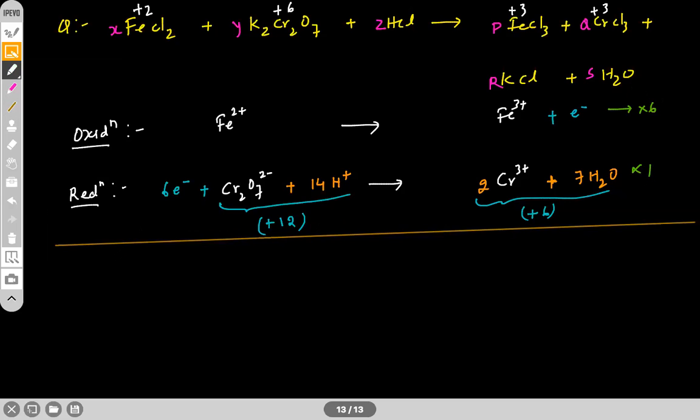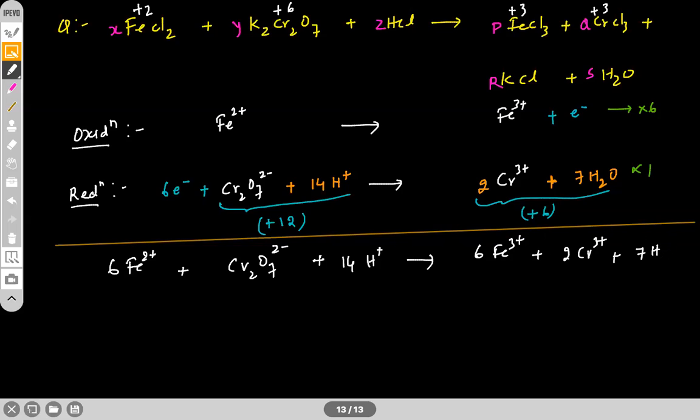We have 6 Fe2+, plus electrons get cancelled, Cr2O7 2-, plus 14H+, giving 6 Fe3+, 2 Cr3+, 7 H2O.